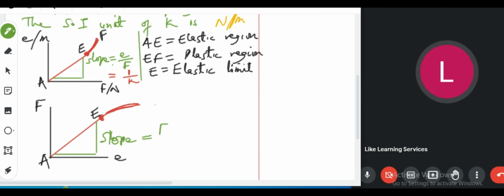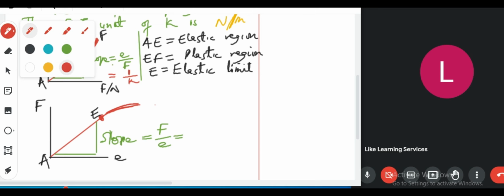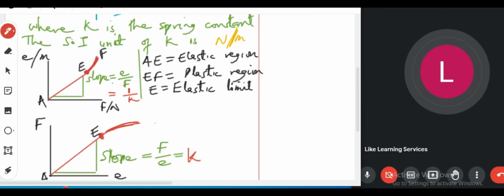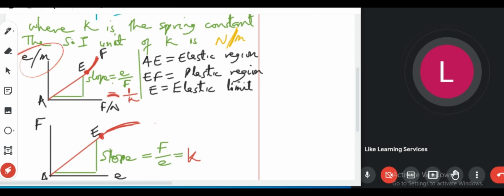Slope is F over E, which is the spring constant K. This gives a spring constant K. Unlike a graph of E against F, the slope or gradient gives E over F, which is 1 over spring constant.